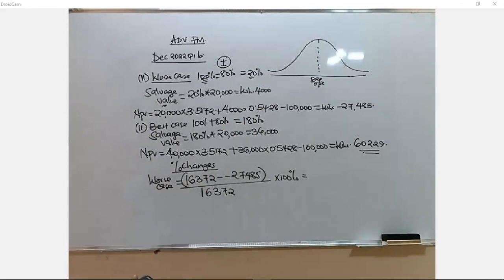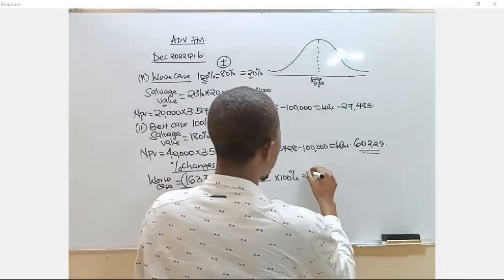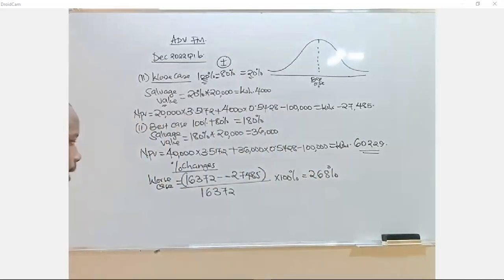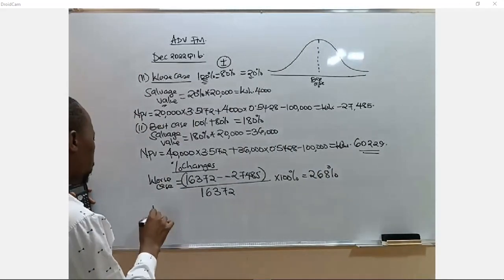So it will be 16,372 minus 27,485, right? Divide by 16,372. You are getting around 268%.